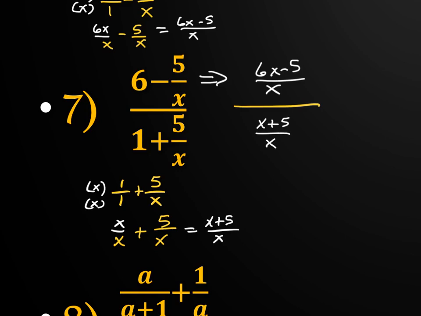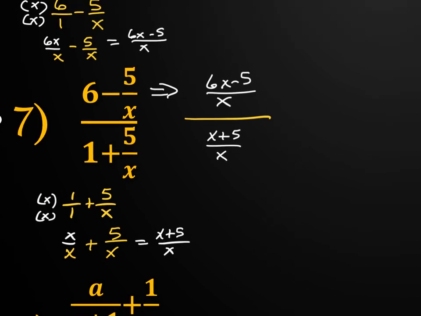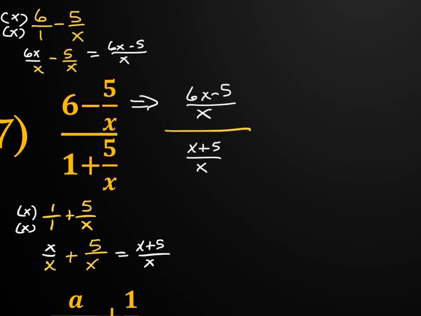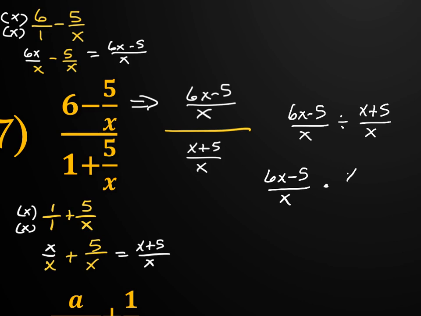Now I turn it into a division problem. So I'm doing 6x minus 5 over x divided by x plus 5 over x. State change flip, and look for things to simplify.